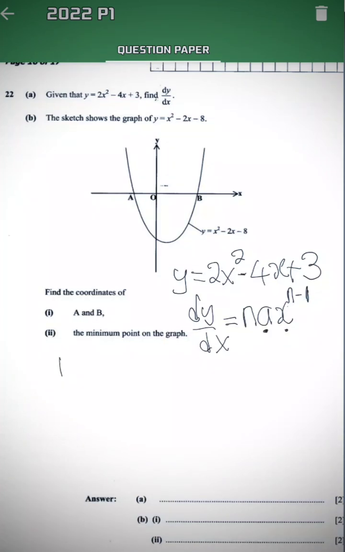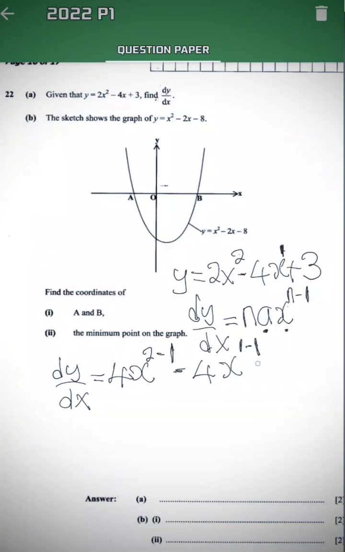So you continue and say dy/dx is equal to, what is 2 times 2? That is 4, then x to the power 2 minus 1. Here the coefficient is 4 and the power is 1. 1 times 4, so minus 4, then x to the power 1 minus 1.